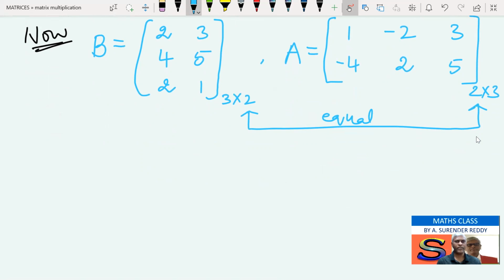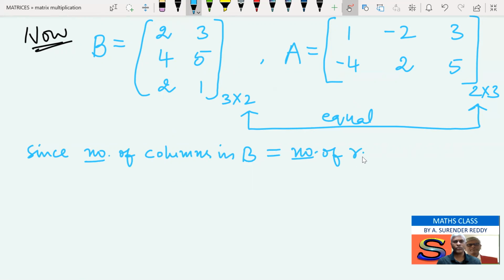You can multiply B with A. So BA exists, since the number of columns in B is equal to the number of rows in A. Therefore, BA is possible.